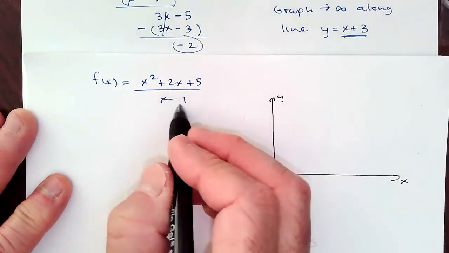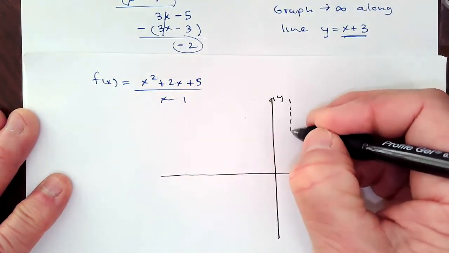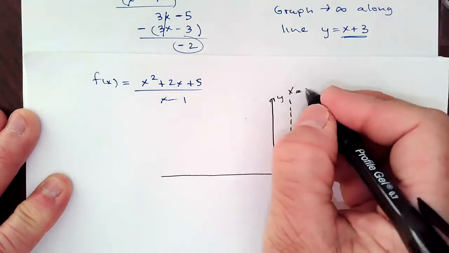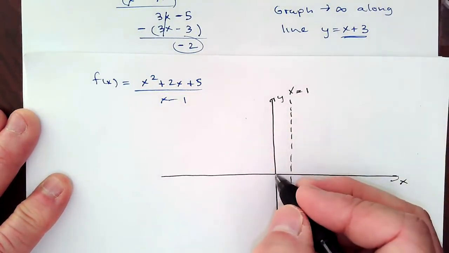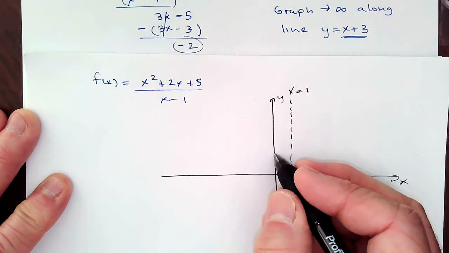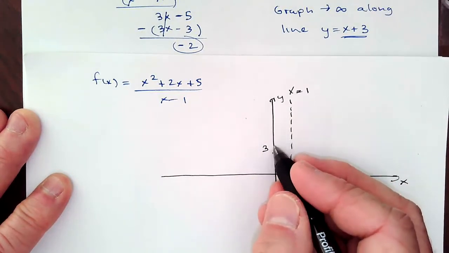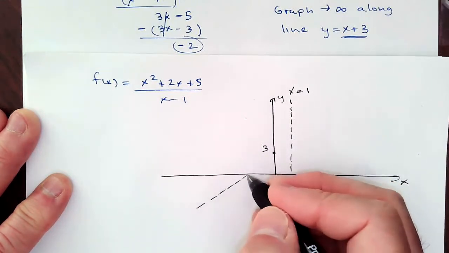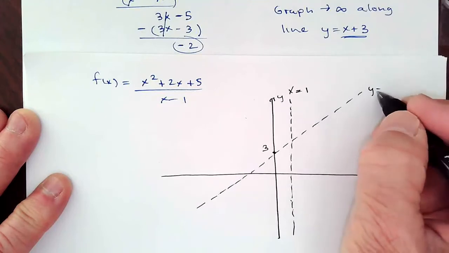Remember, we know how to find vertical asymptotes. There's going to be one at x equals 1. This is our slant asymptote, y equals x plus 3. So that's a line with a y-intercept of 3, not necessarily to scale, and a slope of 1, so up 1 over 1. That's going to look like this. Here's our tilted asymptote.